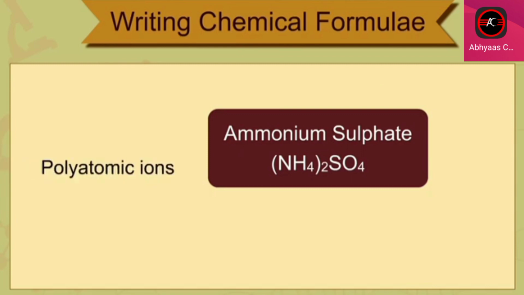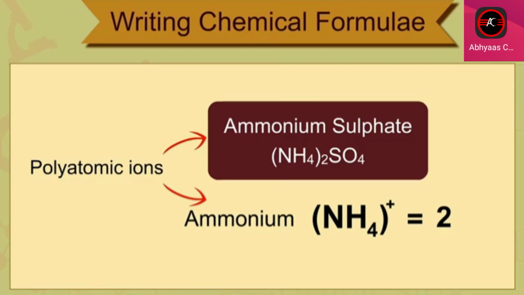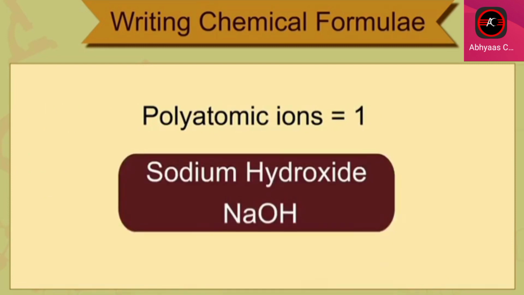Here, the number of polyatomic ions ammonium, NH4+, is 2. So, we write it in a bracket. Similarly, if the number of polyatomic ions is 1, such as sodium hydroxide, NaOH, bracket is not needed here.